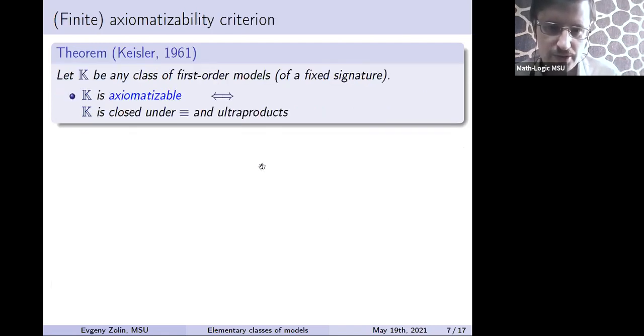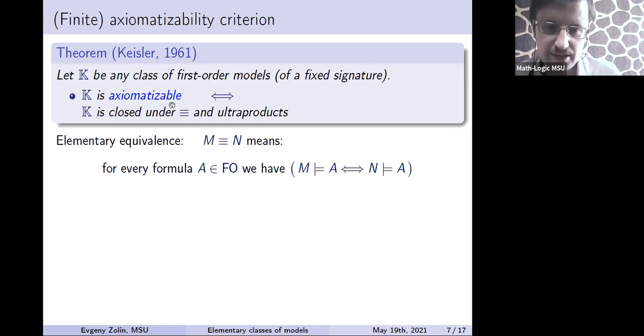Now, we recall the main result from one of our previous lectures, the axiomatizability criterion and finite axiomatizability criterion, the Chrysler's theorem. A class is axiomatizable if and only if it is closed under elementary equivalence. It is defined here. Two models are elementary equivalent if for every closed formula, it is true in the first model if and only if it is true in the second model.